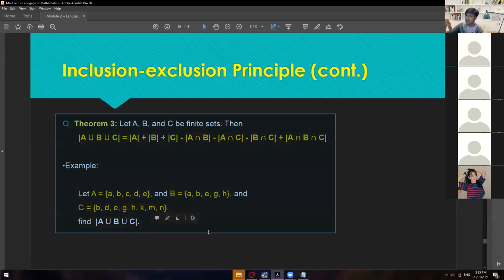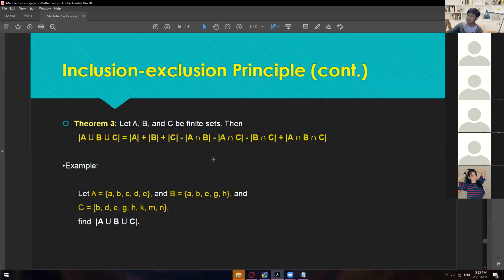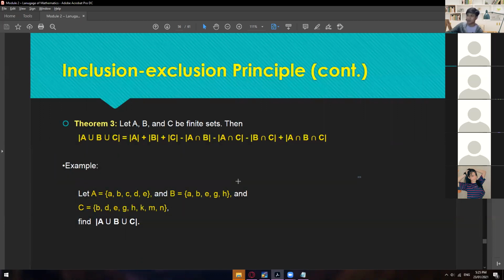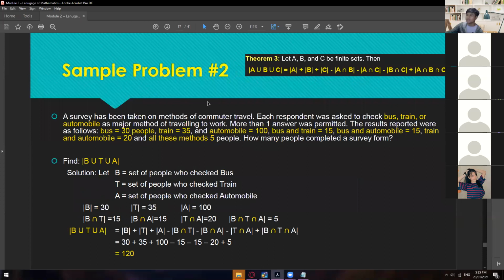I'm sorry I cannot give you the solution of this example, since we don't have enough time anymore. So here's sample problem number 2 for theorem number 3. Before we only had 2 sets, but in here we now have 3 sets.